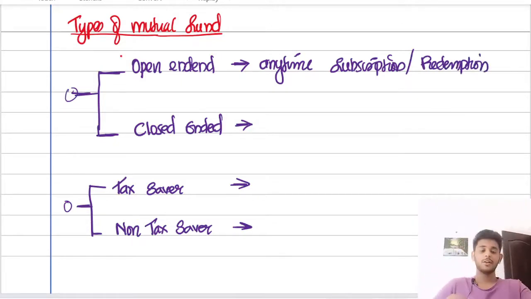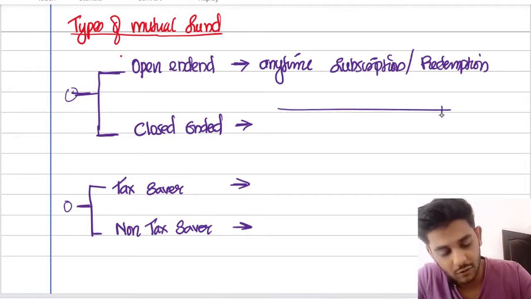Closed-ended mutual fund. But in case of a closed-ended mutual fund, we can't do it anytime. Means there will be certain conditions, like you can invest at a particular point of time, you can withdraw at a particular point of time. Like they will be saying you can invest at the beginning of the quarter and you can redeem at the end of the quarter. For example, in a year we have 4 quarters, right?